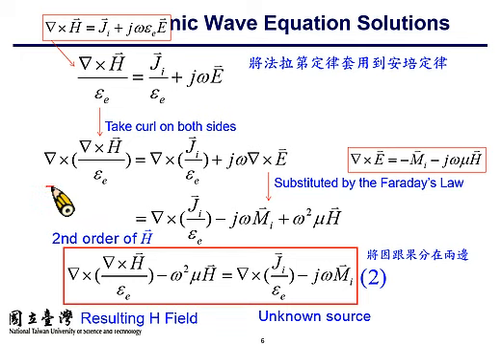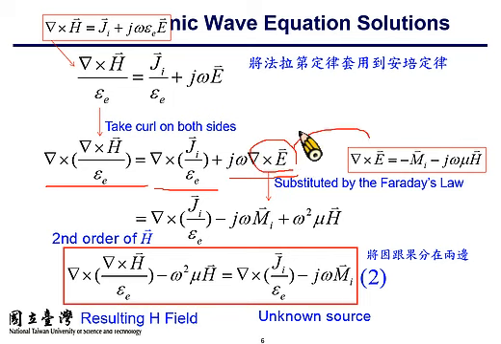On the left-hand side, you have the curl of H, and on the right-hand side, you have the curl of J, which takes effect by taking the spatial derivative of electrical current. And the very last term is j omega times curl of E. As you can see here, the curl of E can be substituted with the representation from Faraday's law.